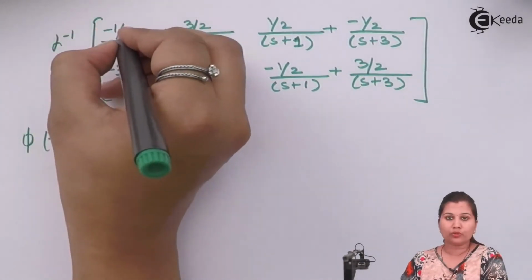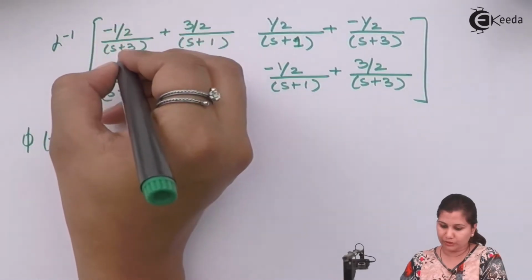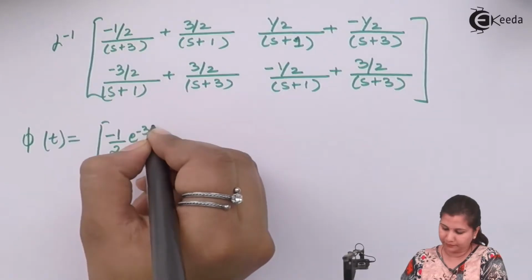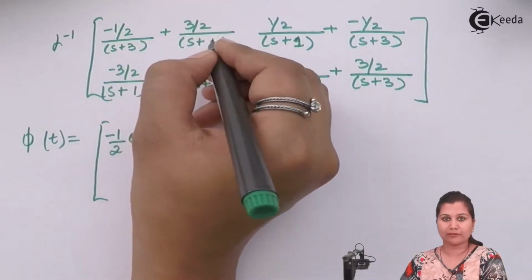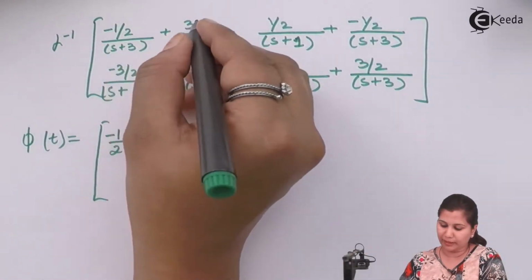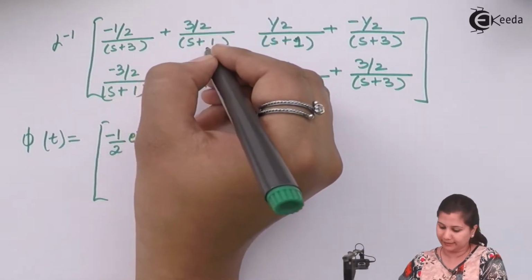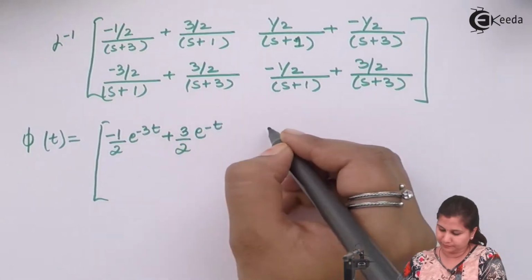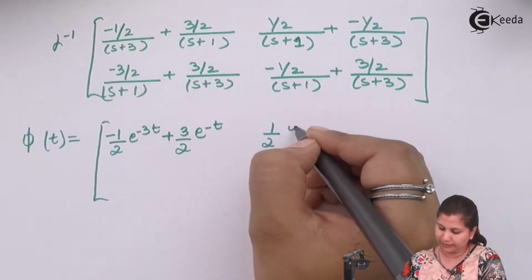This will be equal to minus 1 by 2 e raised to the power minus 3t. The inverse Laplace transform of this will be plus 3 by 2 e raised to the power minus t. Similarly, all can be calculated.